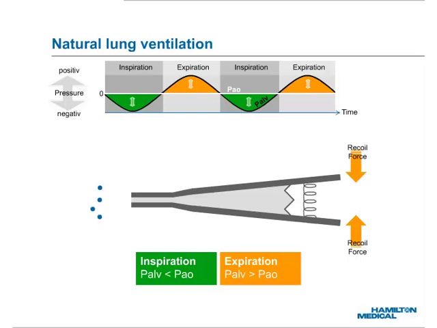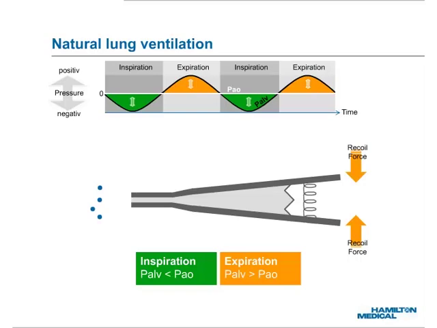Natural lung inflation results from contraction of inspiratory muscles, mainly the diaphragm. It is an active, energy-consuming process. The muscle work must be sufficient to overcome the airway resistance, the nozzle in the bellows model, as well as the elastic recoil force of the respiratory system, the spring in the bellows model.